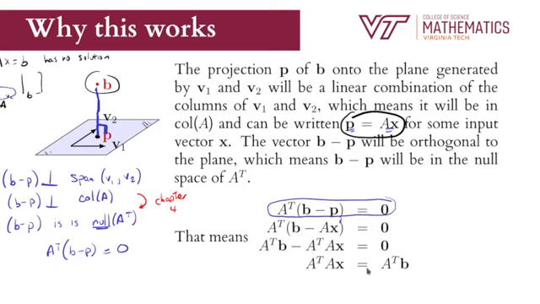So A transpose A X equals A transpose B. And that is what we've been doing: taking the equation that has no solution and multiplying on the left by the transpose. It works because of this trick that the column space of A and the null space of the transpose are always at right angles to each other.